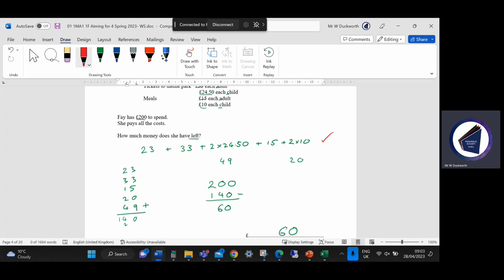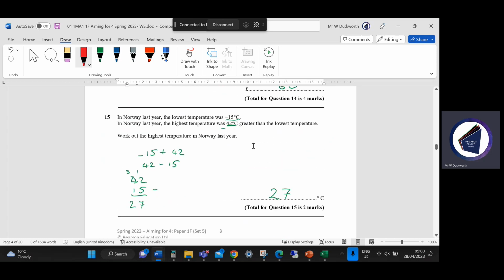It's not strictly done how I've done it, but there is a mark there. What they've suggested is a mark for that or a mark for that. So we'll go for the second mark there. And then a final mark for doing the subtraction, for our 4 marks. And for question 15, we're looking at 1 mark for the subtraction and 1 mark for the answer.